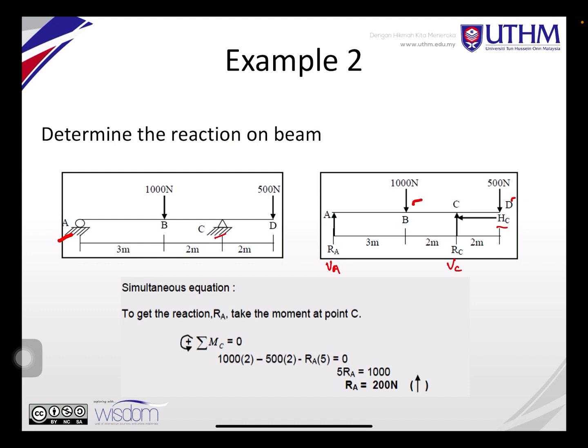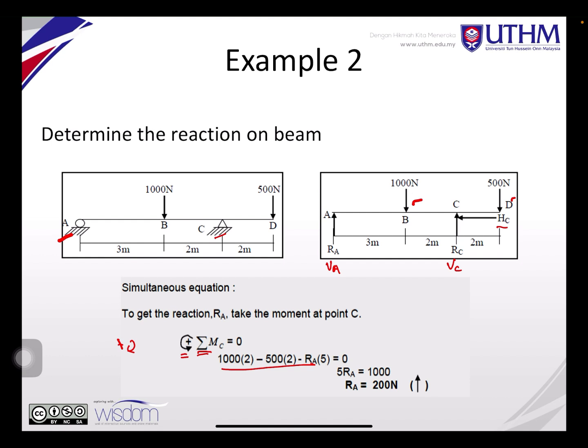First we will use the moment equation, MC equal to 0. Assume counterclockwise is positive. Assuming clockwise positive is also okay, but make sure you apply the correct direction for the moment in the equations.